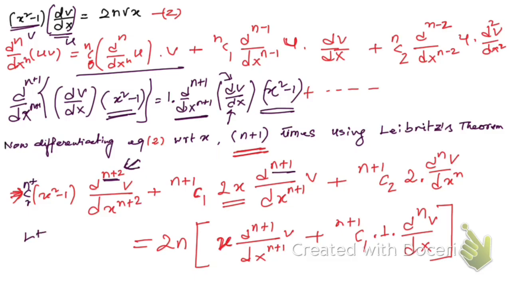So n plus 1 c0 is equal to 1, that's why I haven't mentioned it here.